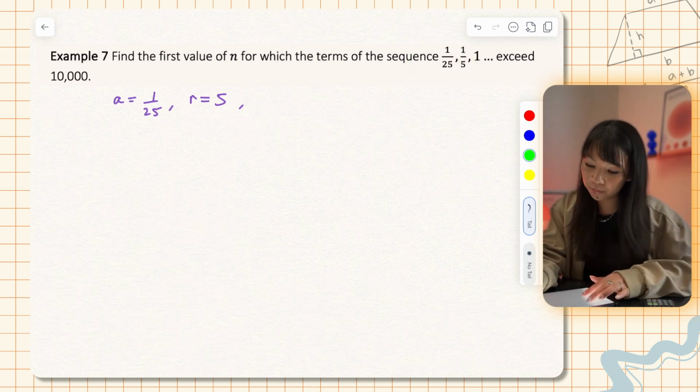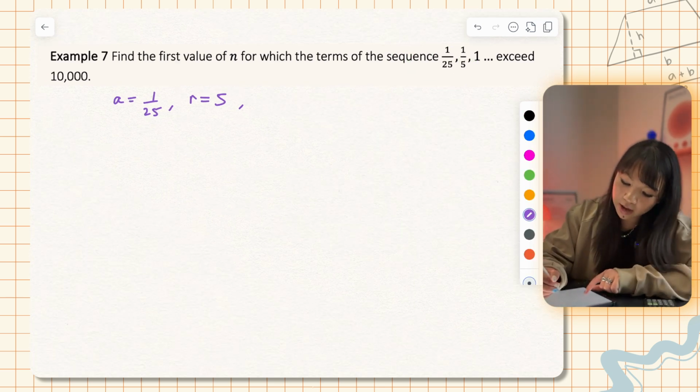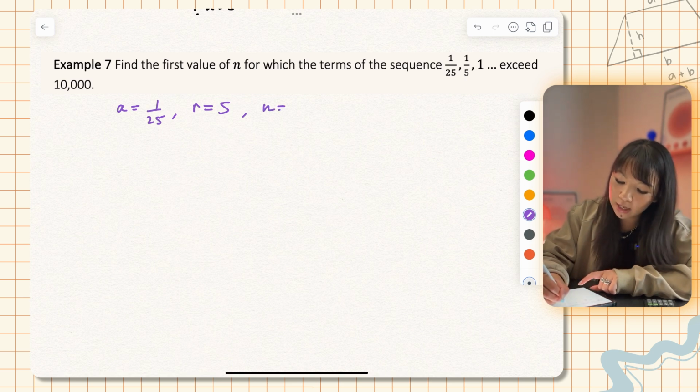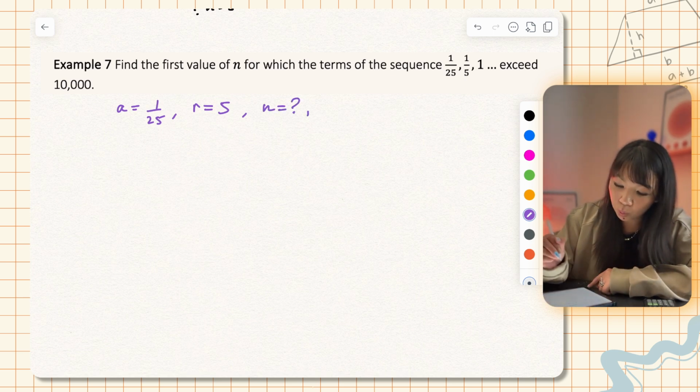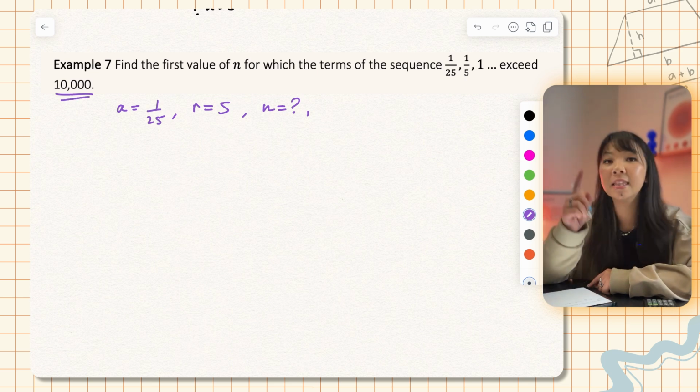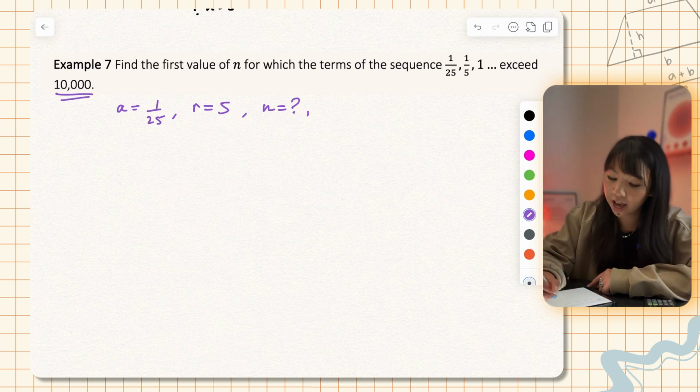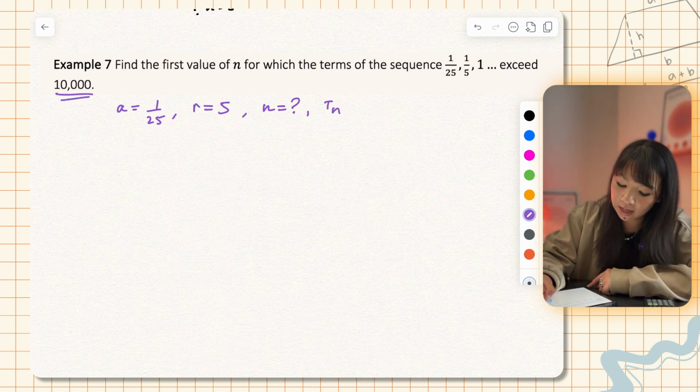So the ratio is 5, and we're trying to figure out the first value of n such that Tn is greater than 10,000.